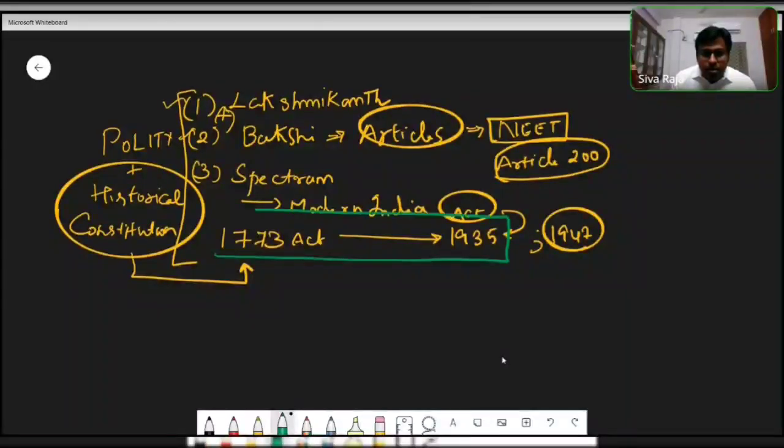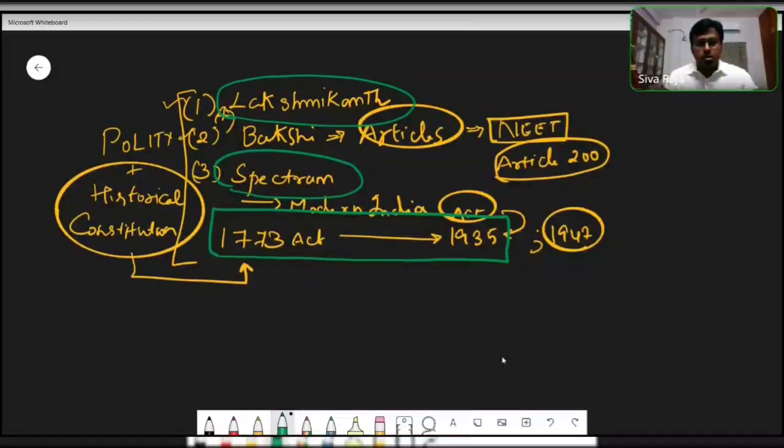For these acts and provisions, you don't have to go into very deep things. Rather, think about the basic things which are there in Lakshmikant, and it is also there in Spectrum. Today we will start with that.